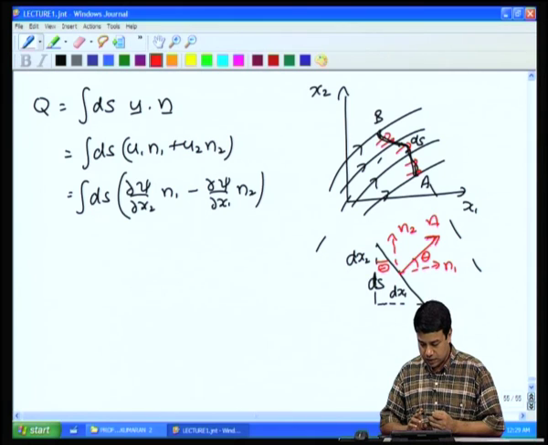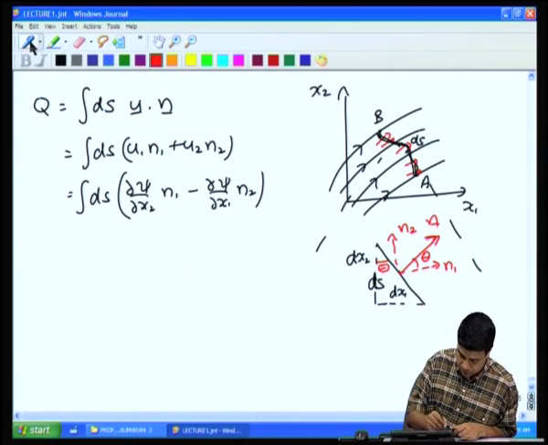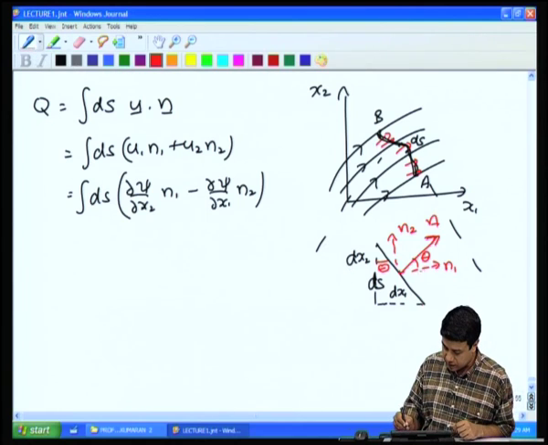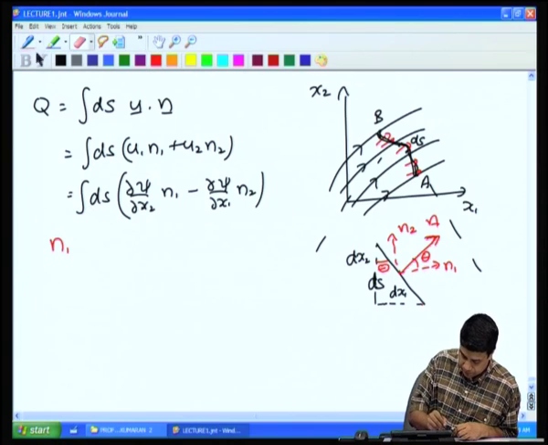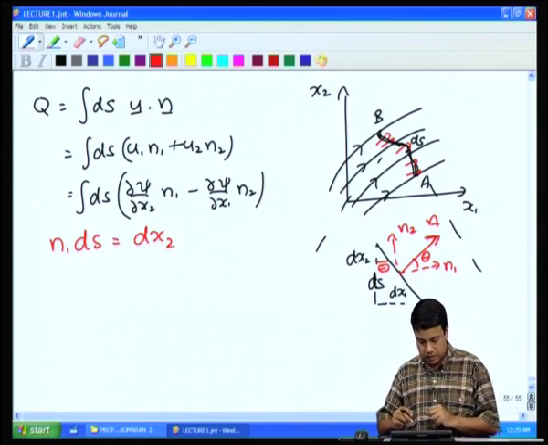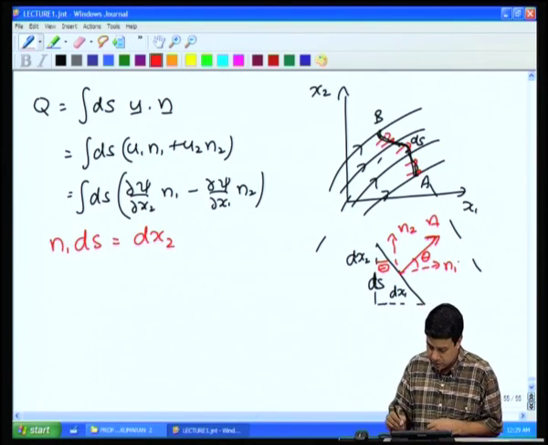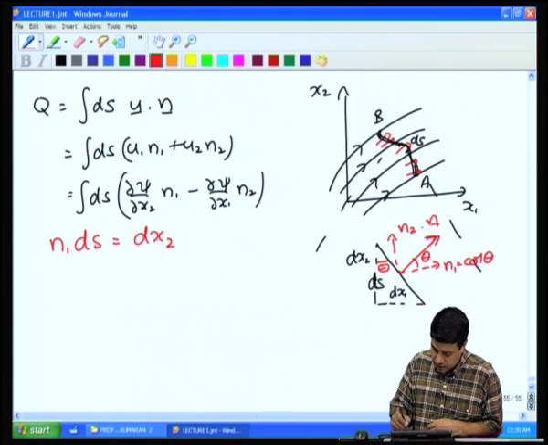For this configuration, since the angle between n1 and n is the same as the angle between x2 and s, you require that n1 ds is equal to dx2. That is, n1 is equal to cos theta and n2 is sin theta.